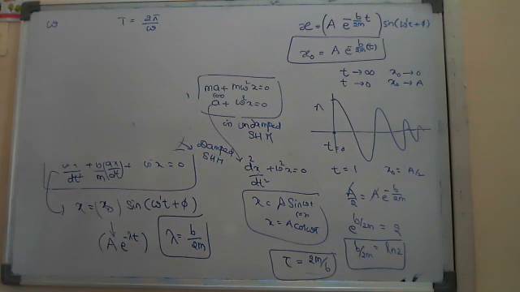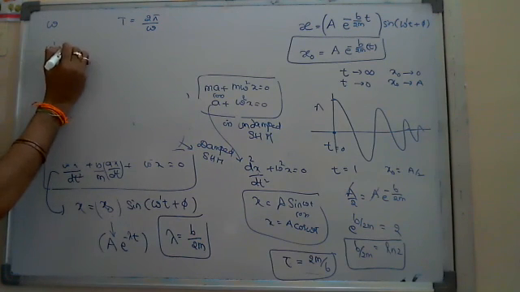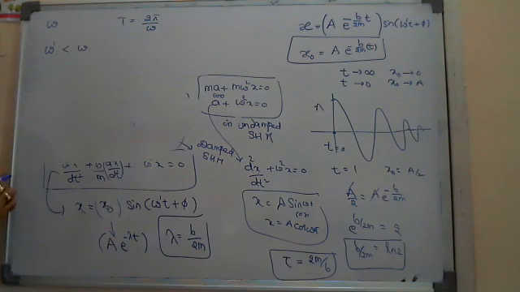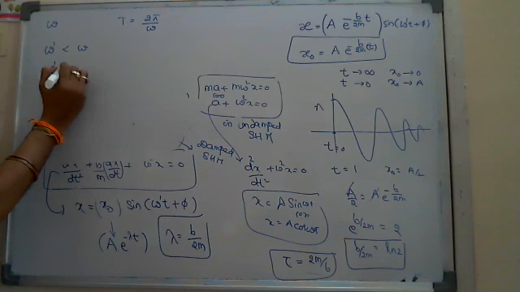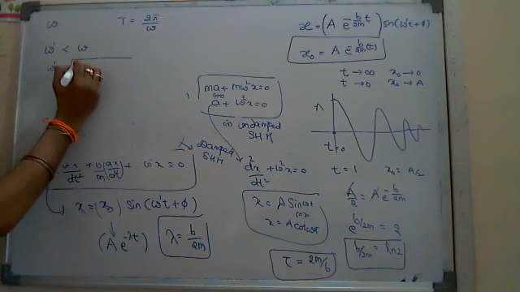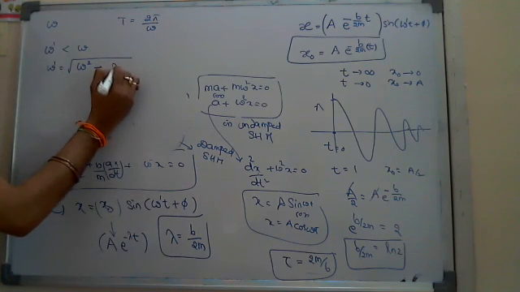The angular frequency or angular velocity omega dash of damped oscillations is surely less than this omega, and its value, you will get, is the root of the original omega square minus this lambda square, what I took here.